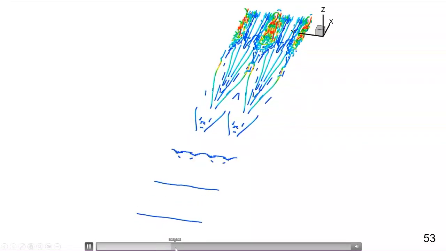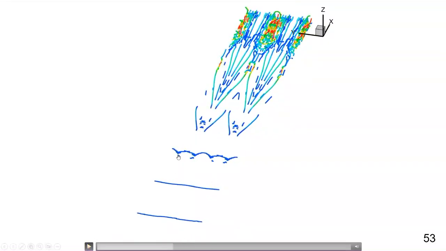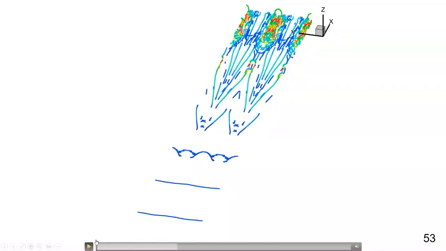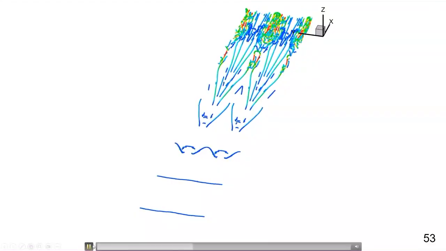So we look at here, right? We observe these, and then these. Okay. They connect to the W-shaped vortex structure, and after the connection, you can see they separate, right? They separate, and this part goes up, right?